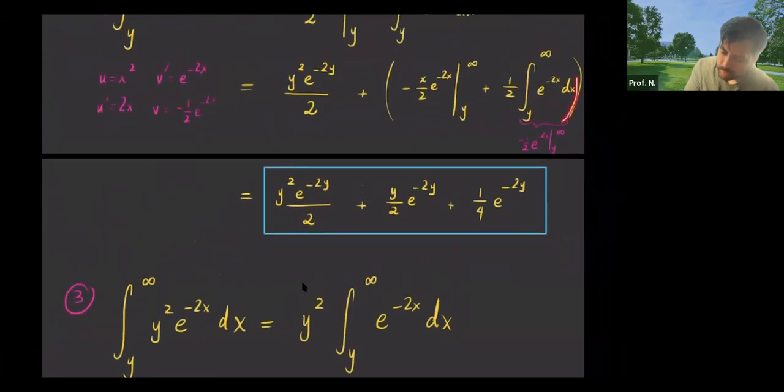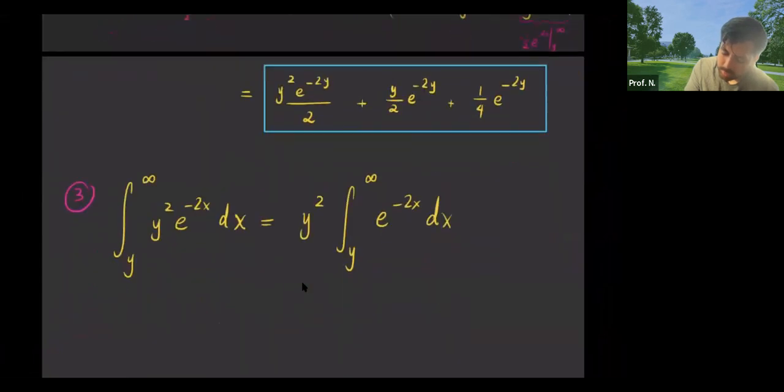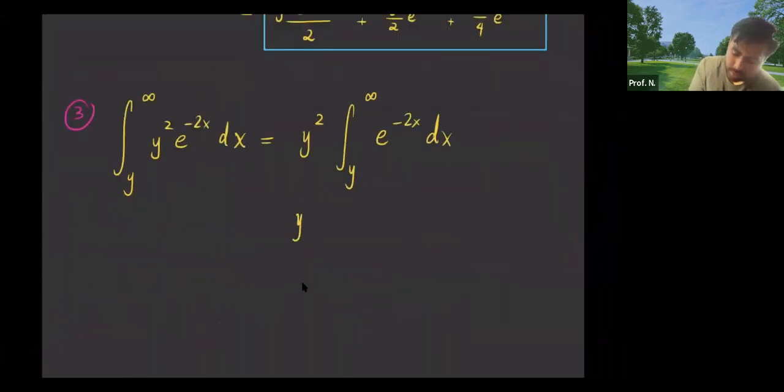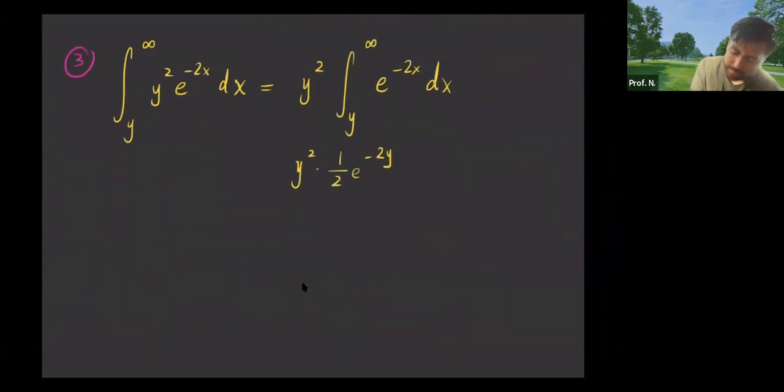Yeah, we did this one here. So if you did this one here, this would be positive 1/2. So this is y squared times positive 1/2 e to negative 2y. So you get y squared over 2 e to negative 2y. Okay?